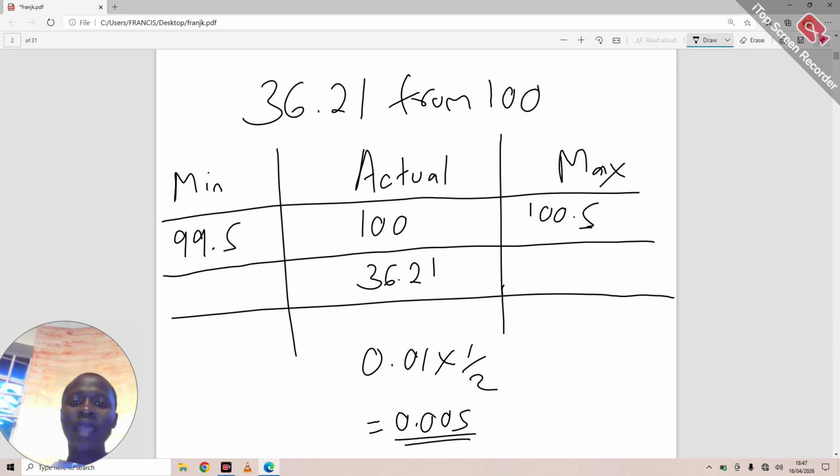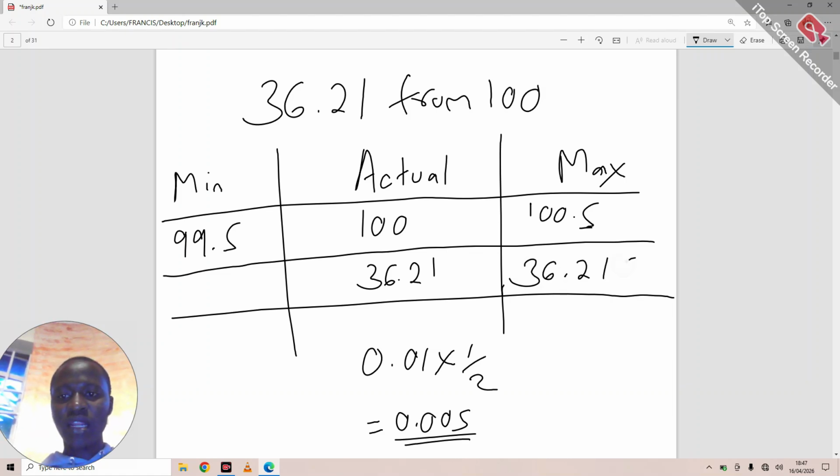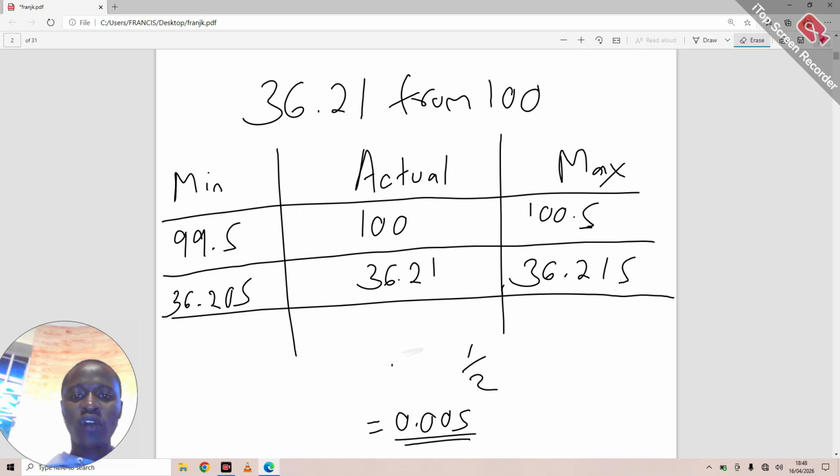Then add to 36.21 to get the maximum error. So upon adding to 36.21, we shall get that. How about subtracting? We shall have 36.205.